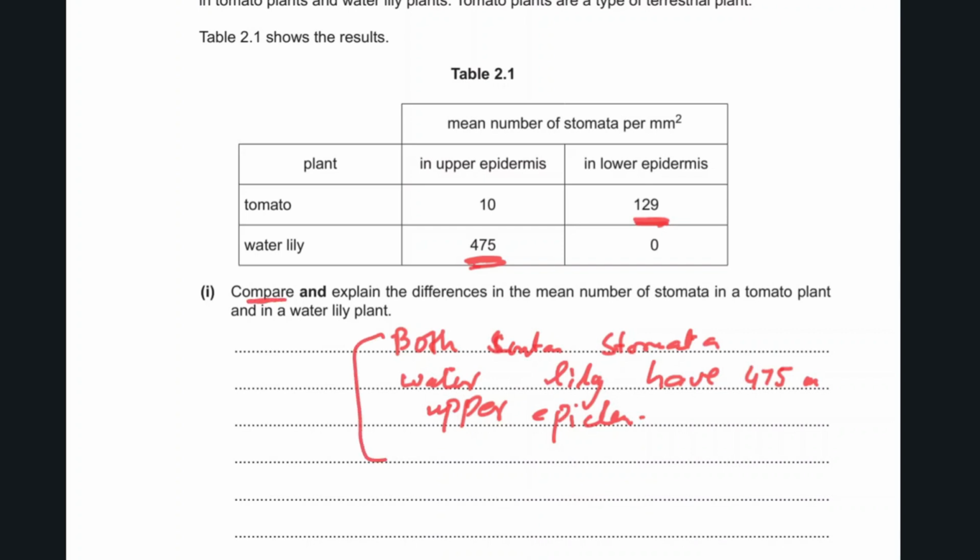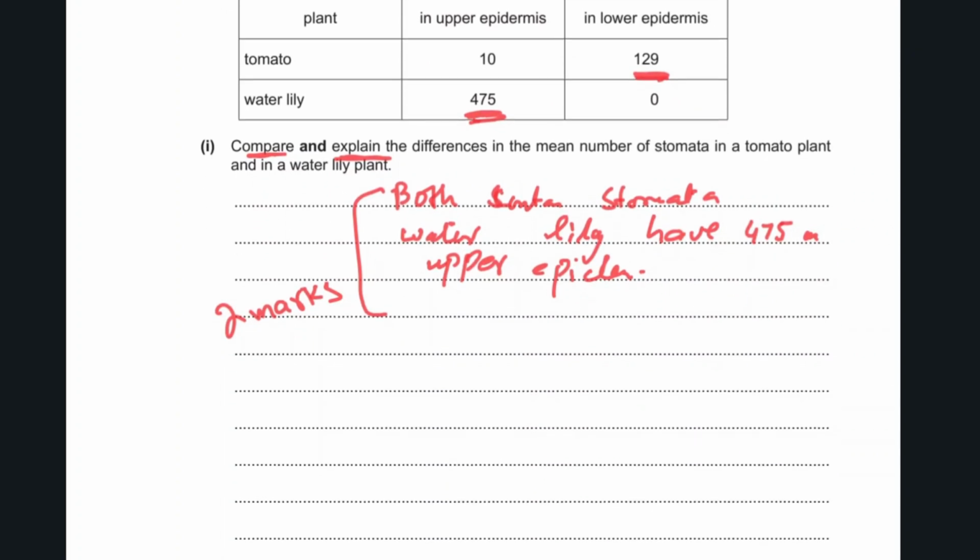You have just this comparison, 2 marks for comparison, and then explain why this is so, why the tomato has more stomata on the lower epidermis. If we look at the tomato plant, it's exposed to sunlight.